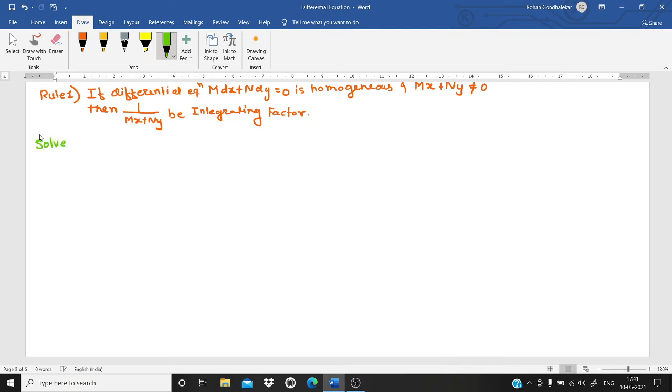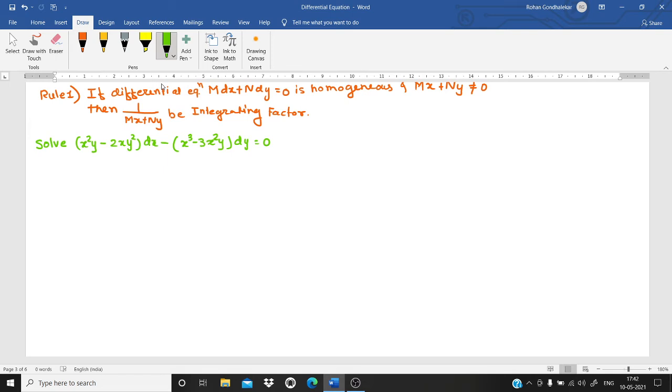Solve the differential equation (x square y minus 2xy square) dx plus, sorry, not plus, here it is minus (x cube minus 3x square y) dy is equal to 0.